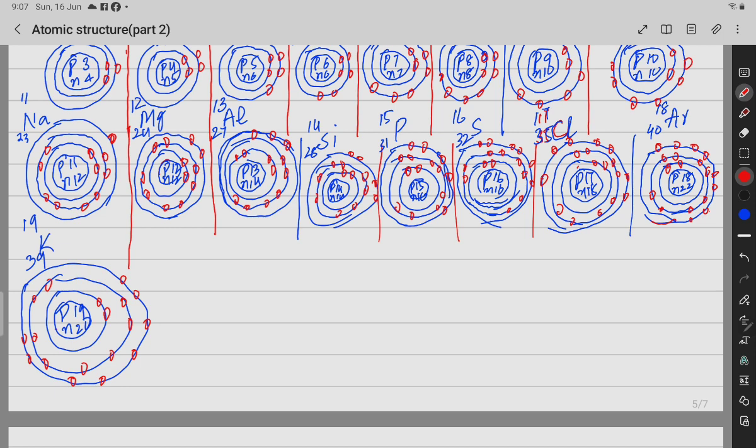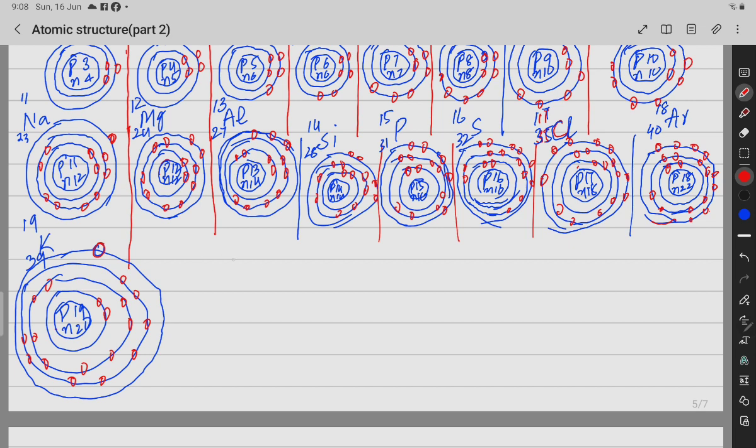So when we move to period 4, first shell is filled up with 2 and second shell is also filled up with 8 and third shell is also filled up with 8 electrons. And valence shell, because it is present in group 1, it has 1 electron in valence shell.